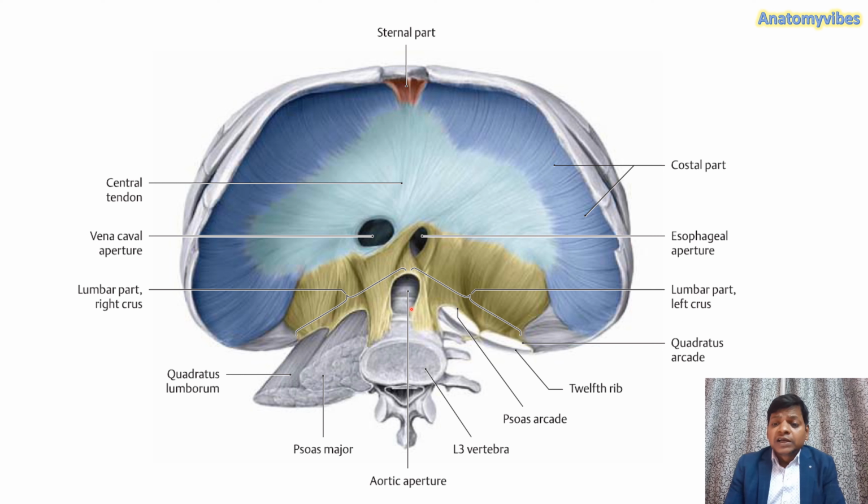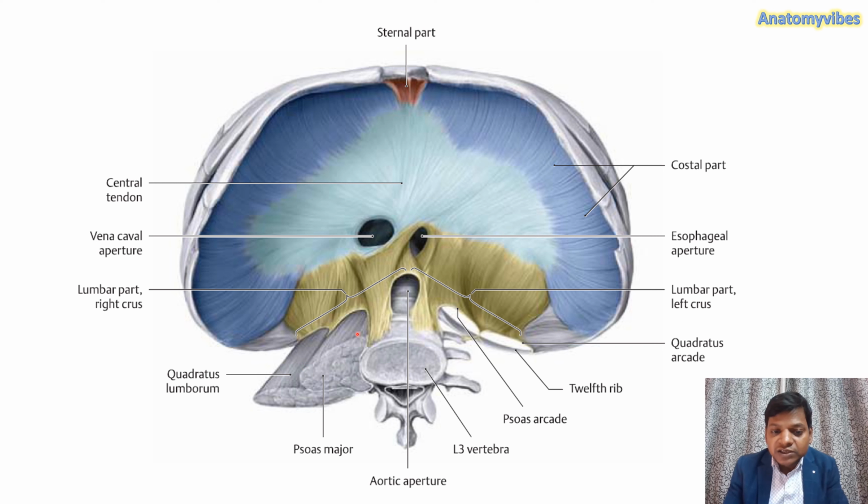Now, when you see the posterior abdominal wall, we have two important muscles there. This is psoas major muscle. Lateral to that we have quadratus lumborum muscle. These muscles have some coverings, epimysium, fascia, deep fascia.